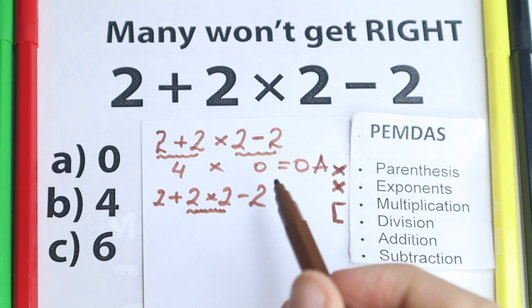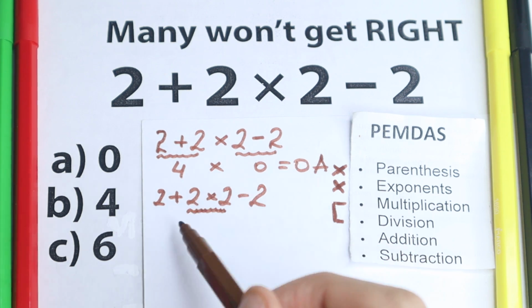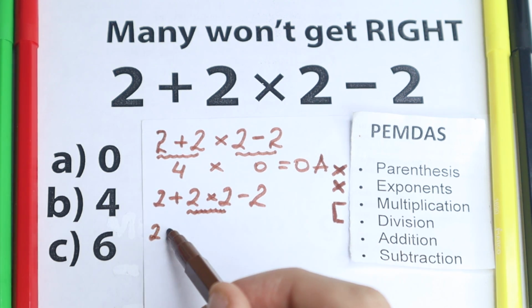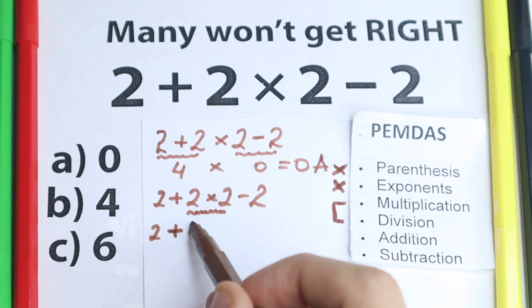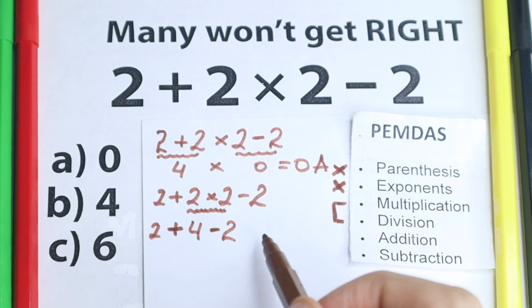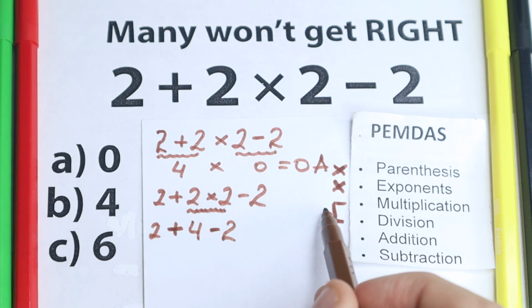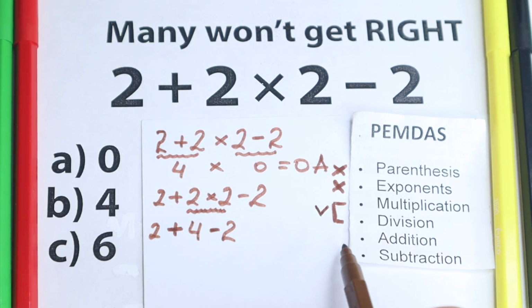If we start from multiplication, we will have a completely different answer from option A. We have 2 times 2 equal to 4, and then plus and minus 2. Very obvious, because we just completed the multiplication and division step, and we go to the next step.